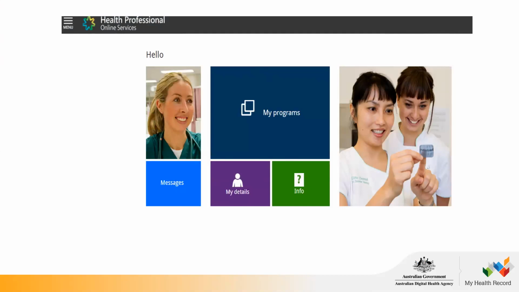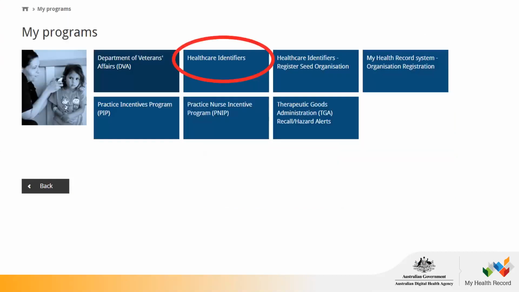So you go from there onto my programs. And again, once you go through my programs, something like this screen should appear. So you may have different tiles depending on your organisation and perhaps what different parts of the claiming and things you're managing through your organisation.